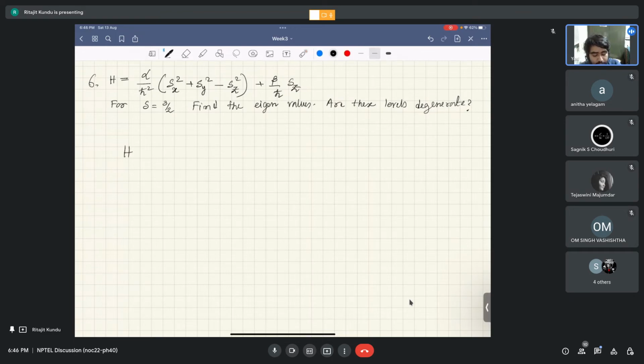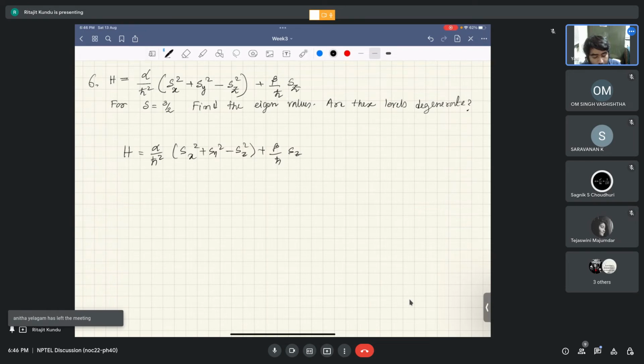So we'll try to be smart and we'll not use explicit matrices to calculate this. We'll use the eigenvalue equations. Let's write this down. There are these eigenvalue equations: S square acting on the ket s, m gives you h bar square s into s plus 1.